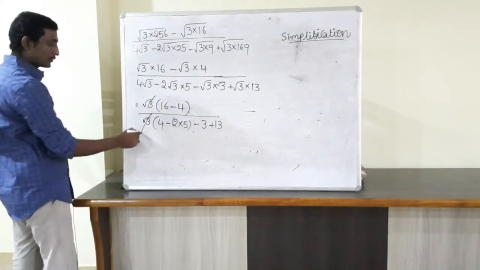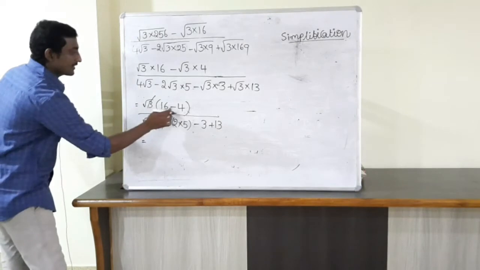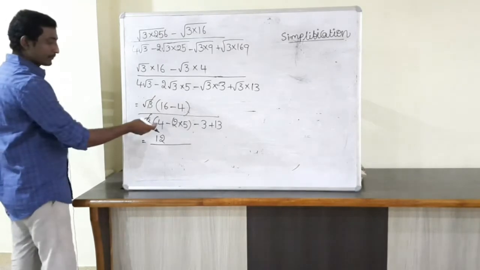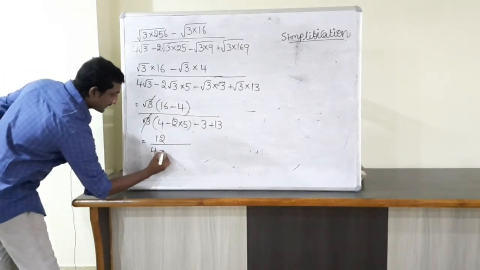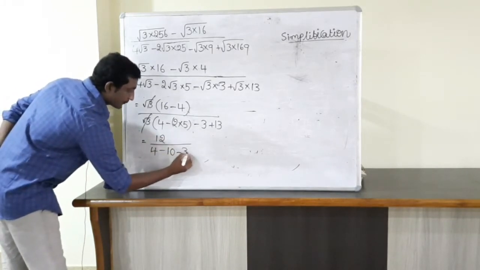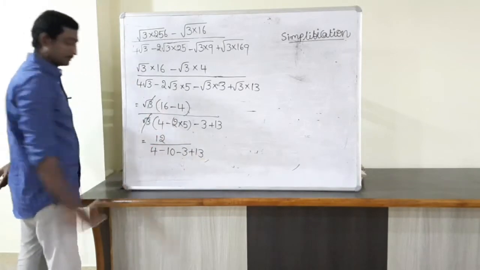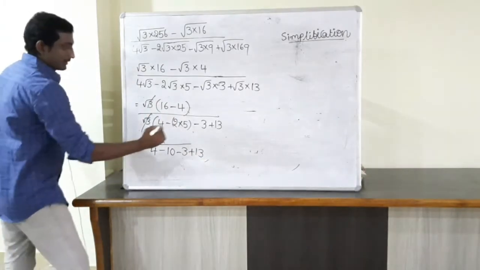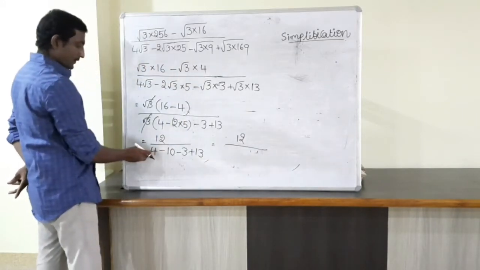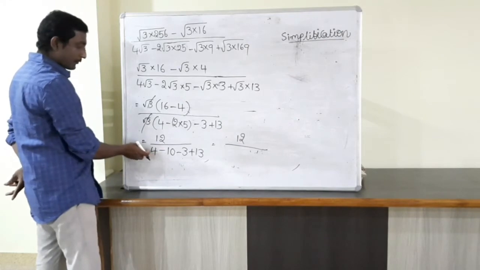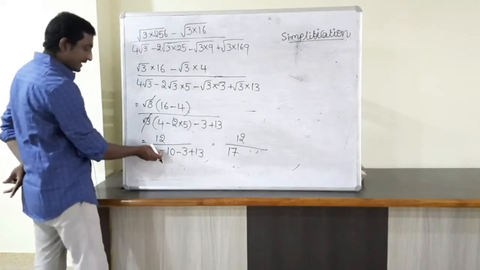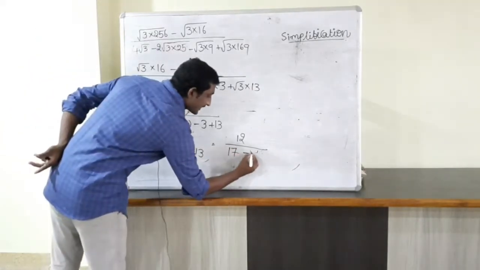Here root 3 cancels. 16 minus 4, how much? 12. By 4 minus 2 5s are 10 minus 3 plus 13. That equals 12 divided by 4 plus 13, how much? 17, minus 10 minus 3, that is 4. So the answer is 3.